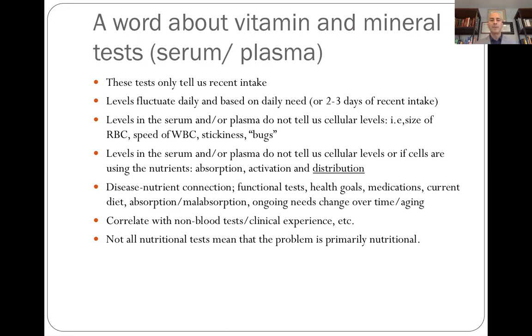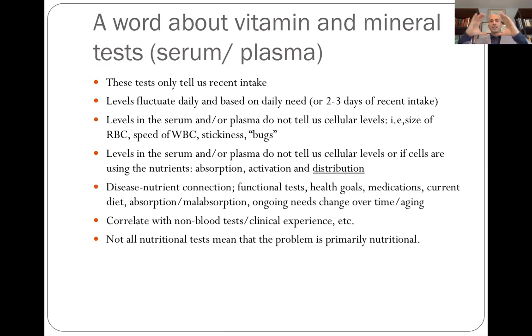There's lots of examples of that. And if I wanted to know how well you're using a vitamin, which is different than a level of a vitamin, for example, if I want to know if you're using your folic acid normally, your serum or plasma levels could be quite normal. They could even be high.